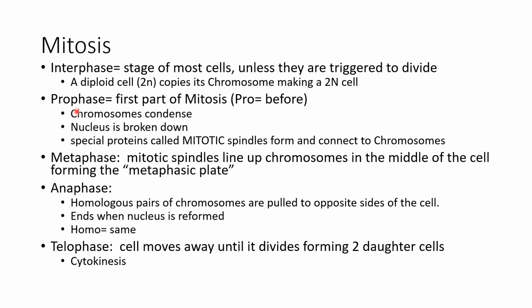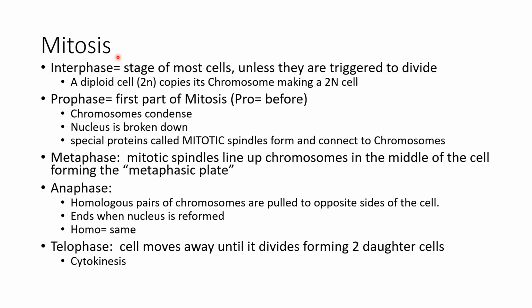In prophase, the chromosomes condense so you can see individual chromosomes. The nucleus is broken down, and you start making a special protein called mitotic spindles, and these are going to attach to the chromosomes. Notice the name mitotic, it's telling you the spindles you need for cell division.